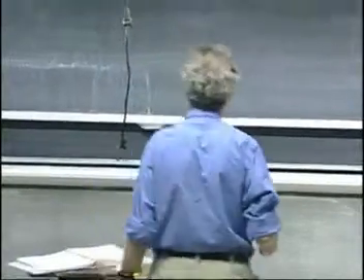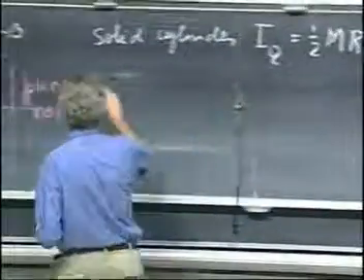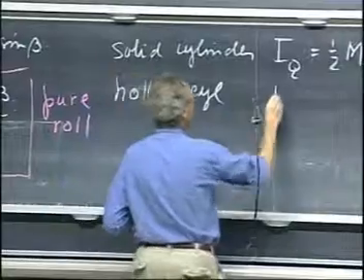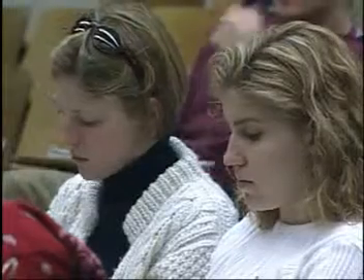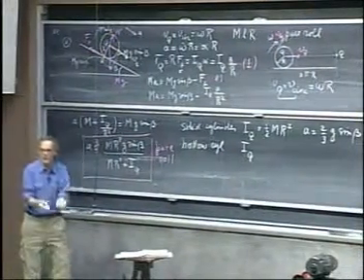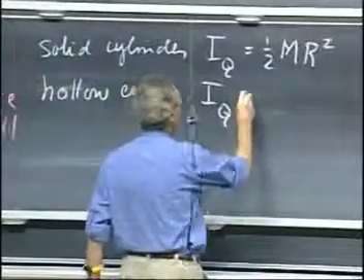That's what matters. So if we take a hollow cylinder, then the moment of inertia about this axis through the center of mass, through Q, if really most of the mass is at the surface, then it's very close to mr squared.